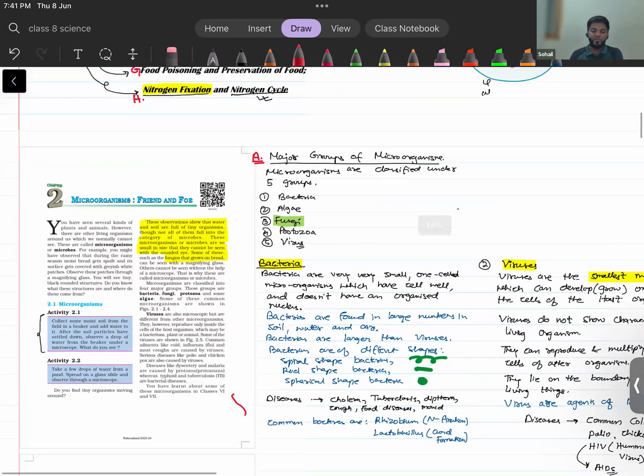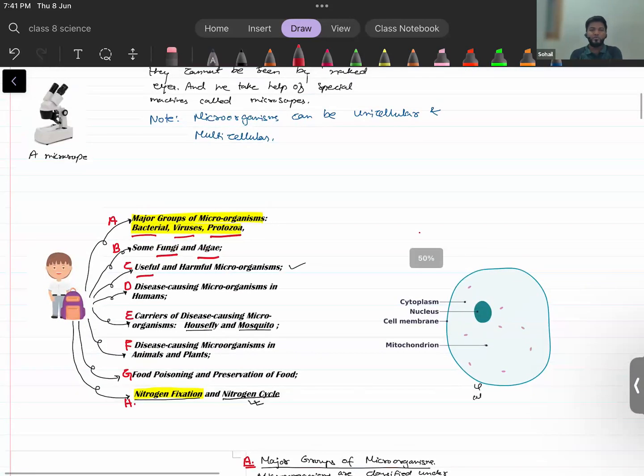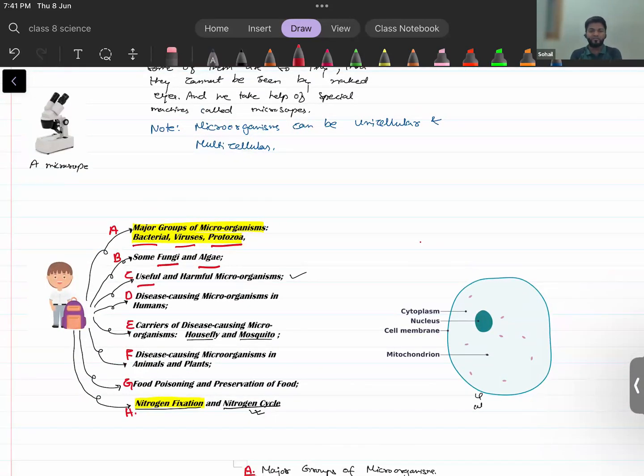And then alcohols which are produced on a large scale, on a commercial level. In the production of alcohol also, certain bacteria are used. Okay. So the first two parts of the chapter: first we talked about classification of microorganisms.